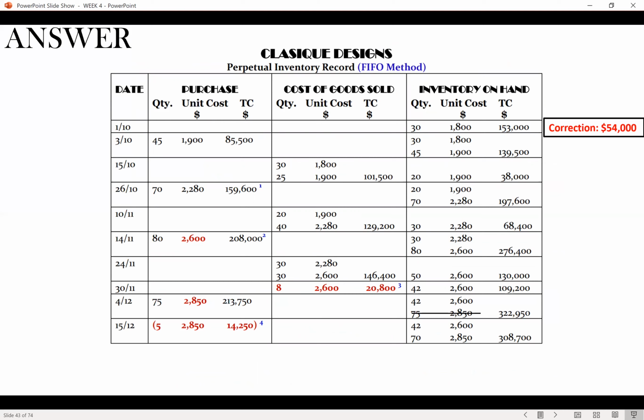The set with 70 is not the first set of goods that we had in. It was actually the last set of goods that we purchased. So first we have to take from the first set that is in, which is the 42, and the balance we take from the 70, right? We find the total cost for that, and at the same time, we update our inventory on hand.